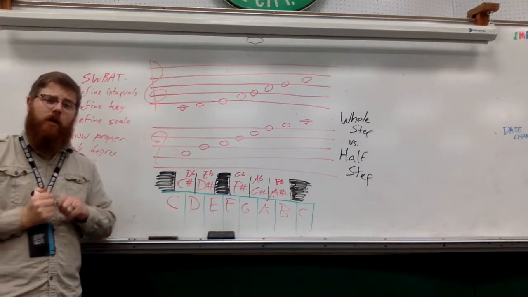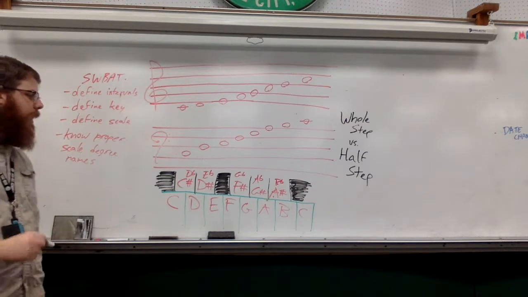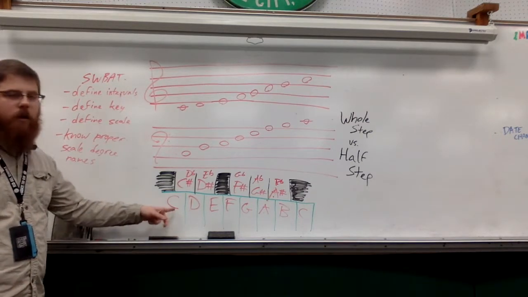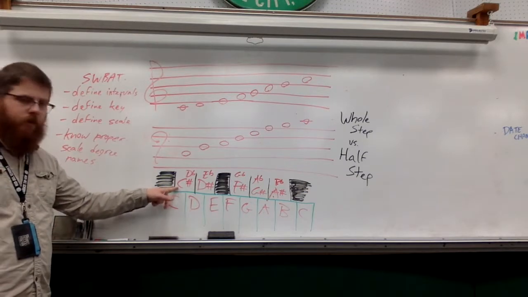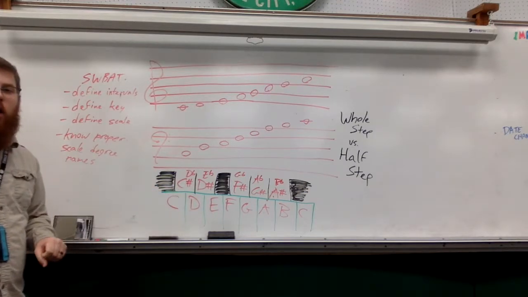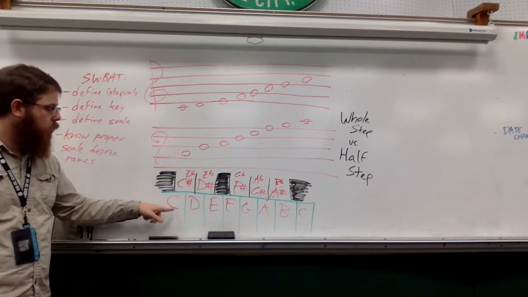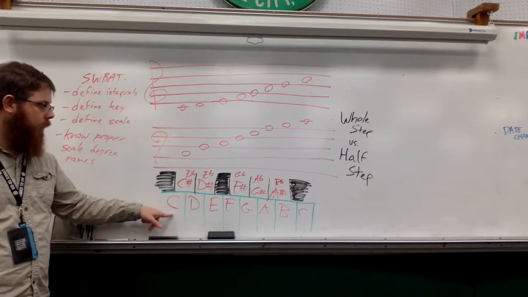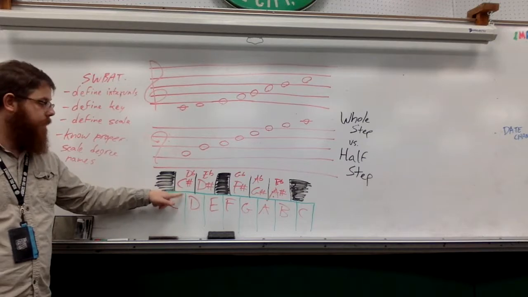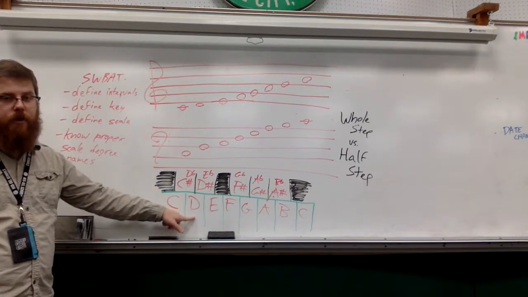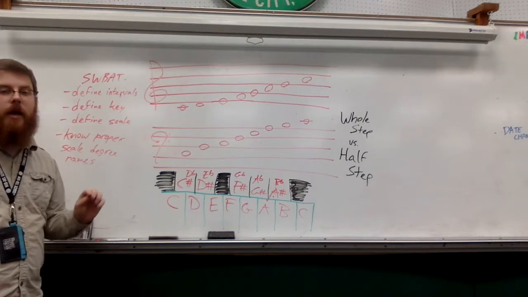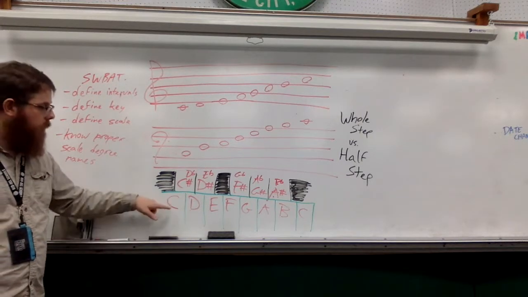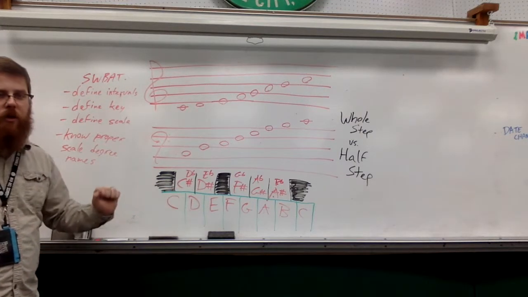So the way I define whole steps versus half steps is a half step is when I take the path from one note to the next closest note. A whole step is when I take the path from one note, skip a note in between, and end up on the next note. So C to C sharp is a half step because I go to the next closest note available to me.